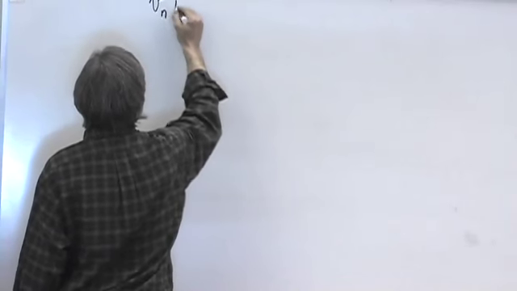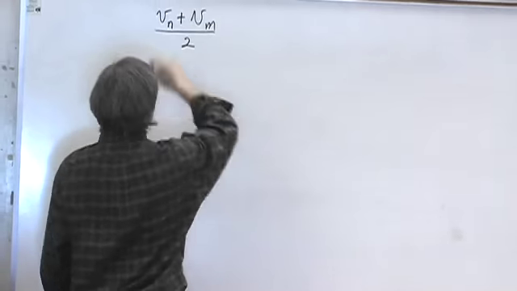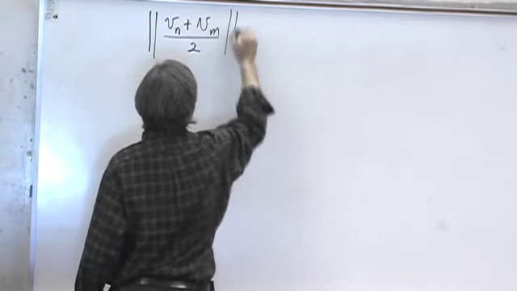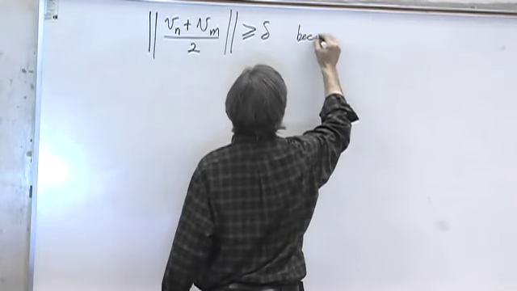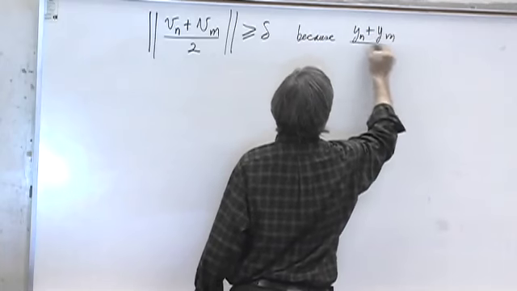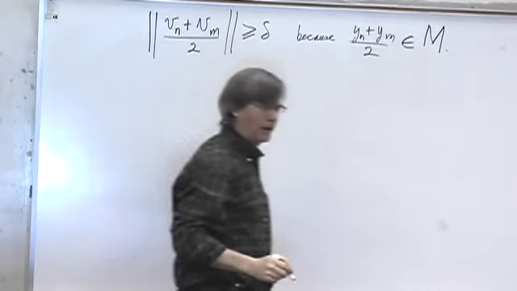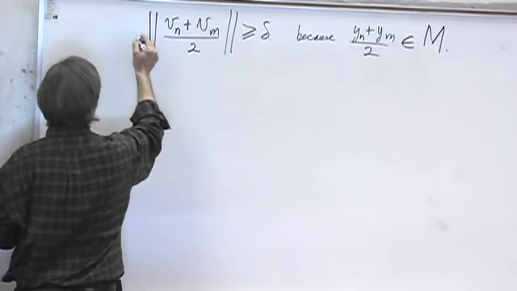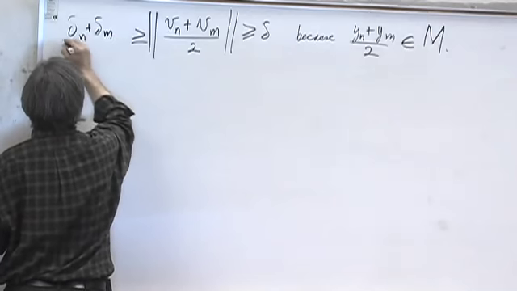So what we have is that Vn plus Vm over 2, that half diagonal length, is greater than or equal to delta on the one hand, because yn plus ym over 2 is in M. On the other hand, it's less than or equal to delta n plus delta m over 2.